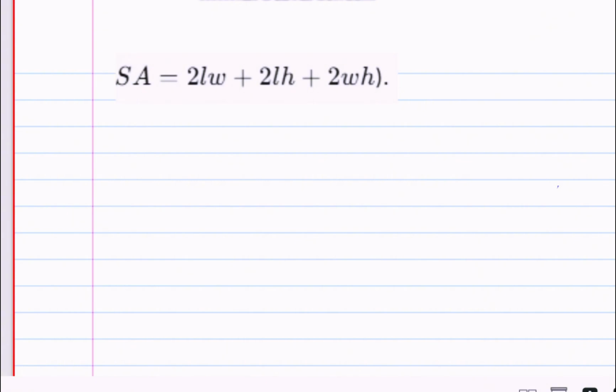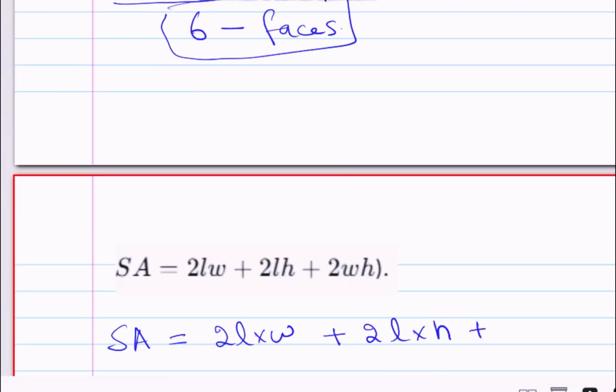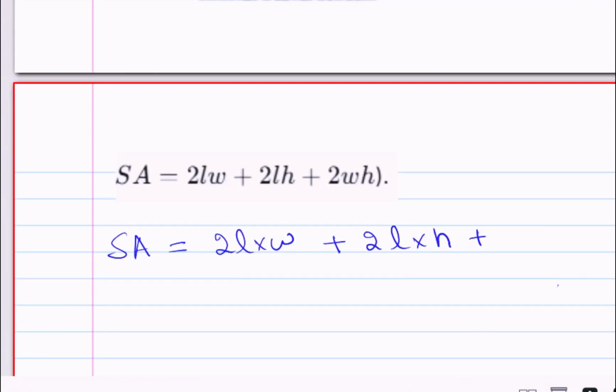If you know about the surface area, the surface area of the cube is equal to 2 times length times width, plus 2 times L times H, plus 2 times W times H.